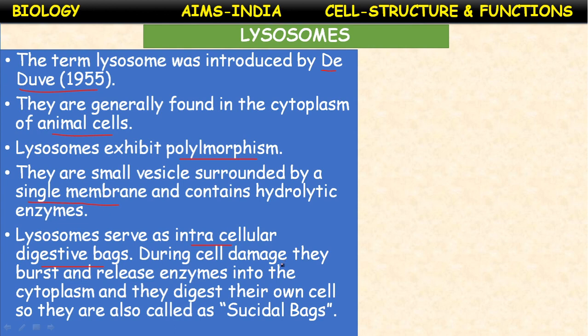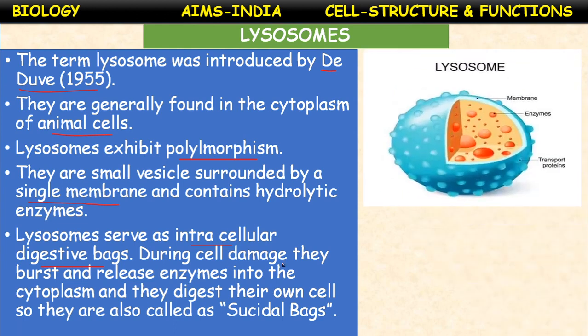During cell damage, they burst and release enzymes. During cell damage or after the death of the cell, these lysosomes release enzymes into the cytoplasm and digest their own cell. So they are also called suicidal bags of the cell.